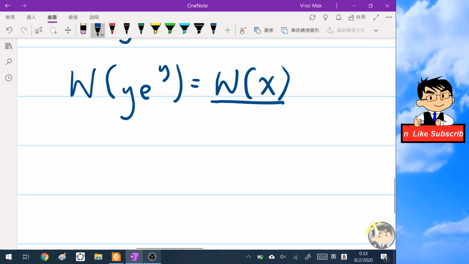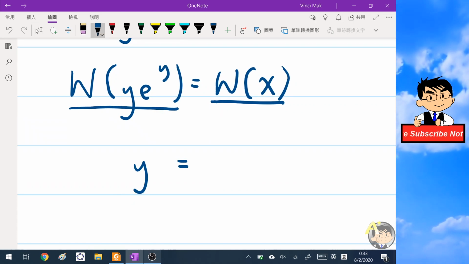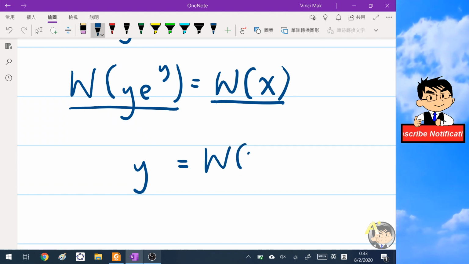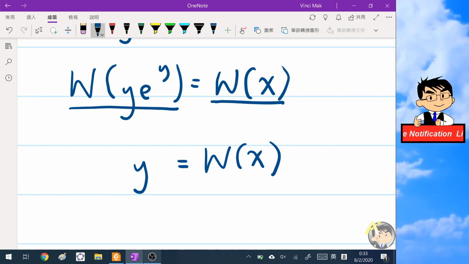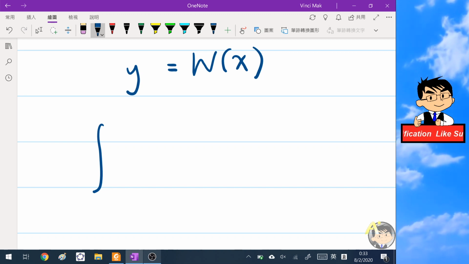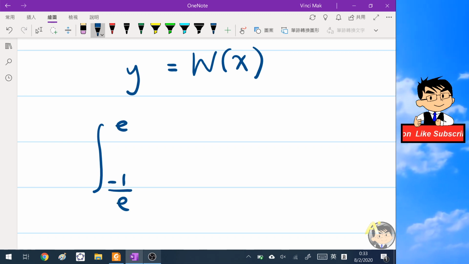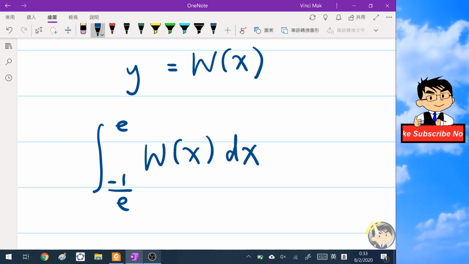And this function can do the job to make it to be y on the left hand side. And then on the right hand side, we can write it down like this. So actually, our integral becomes the integration from -1/e to e, and we are integrating the Lambert W function.